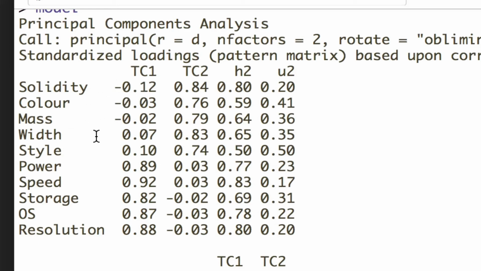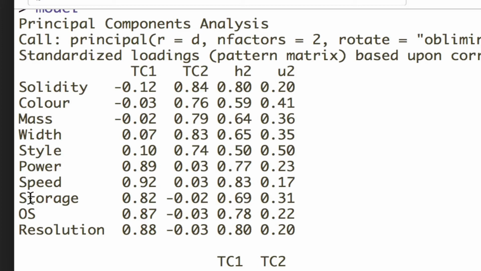So we look at the context of what the variables are supposed to be measuring, and look at the relationships to determine what the factors represent. So it seems like the first group of variables have a very weak relationship with component 1, and then the second group of variables have a strong relationship with component 1.